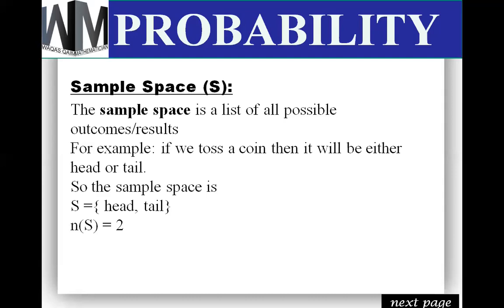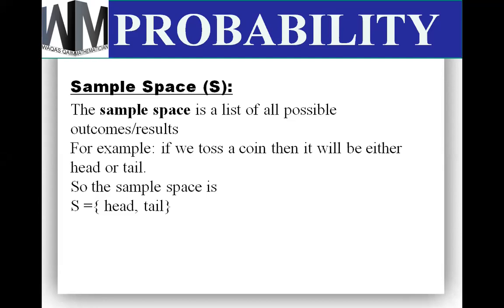Okay, so for example, if we are tossing a coin, there are two possibilities. Either it will be head or it will be tail. So we write the sample space in the set notation as it is written there: S equals bracket head comma tail. So we write sample space in set notation means that within the bracket we just write all the possible outcomes.